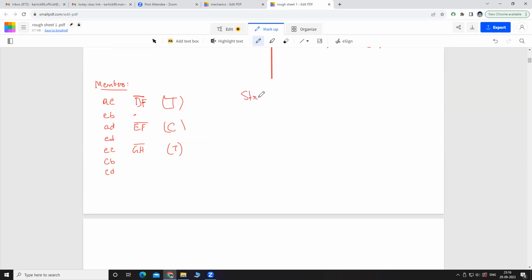Strut means the member is in compression, and obviously tie will be the opposite. So a tie is when the member is in tension. You can remember this simply: tie has T, tension has T. That's it.